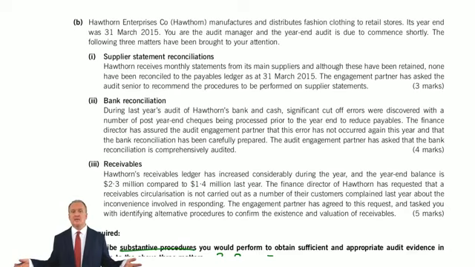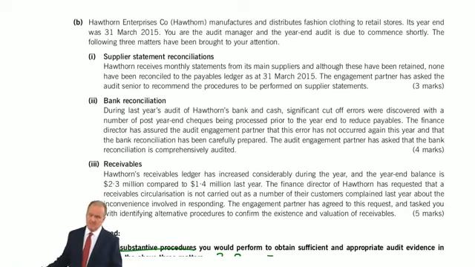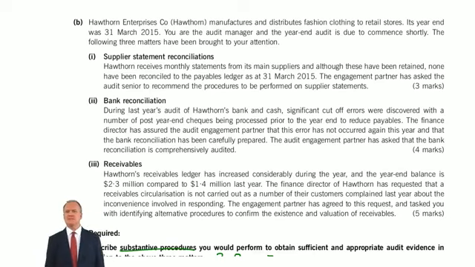They've not done their control procedures. The engagement partner has asked the audit senior to recommend the procedures to be performed on supplier statements. So we need 3 tests on supplier statements. If the controls haven't been done, we will need to get our evidence, of course, by doing substantive procedures, hence the question.